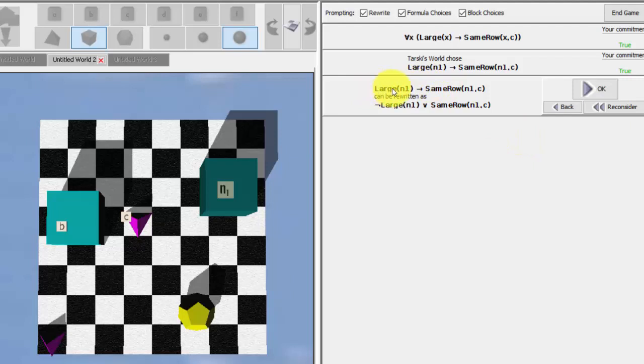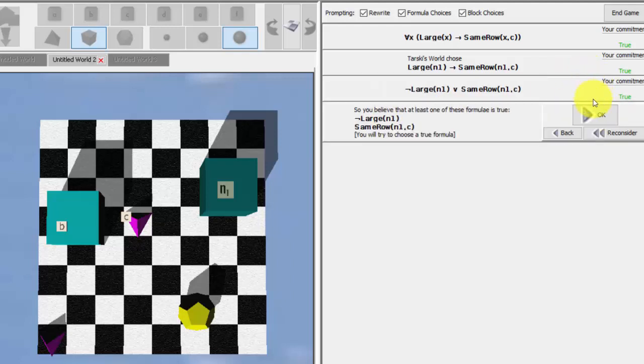Notice that in the same way that it was testing conditionals, it rewrites this into the logically equivalent disjunction: either the antecedent is false or the consequent is true. All right, so it picks n sub 1, so I believe that it's true that either it isn't large or it's in the same row as C.